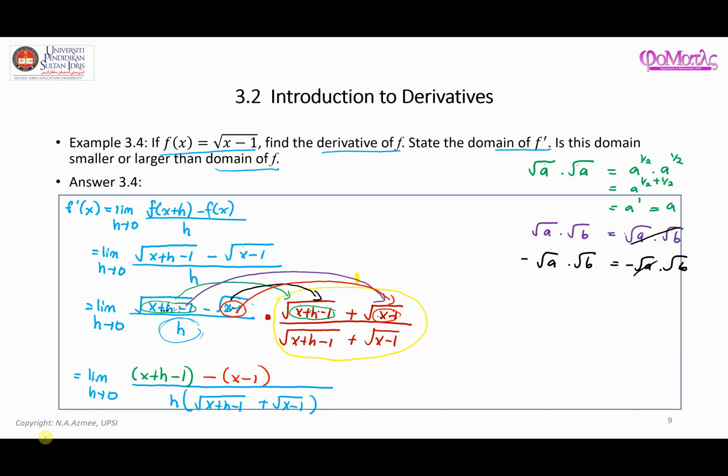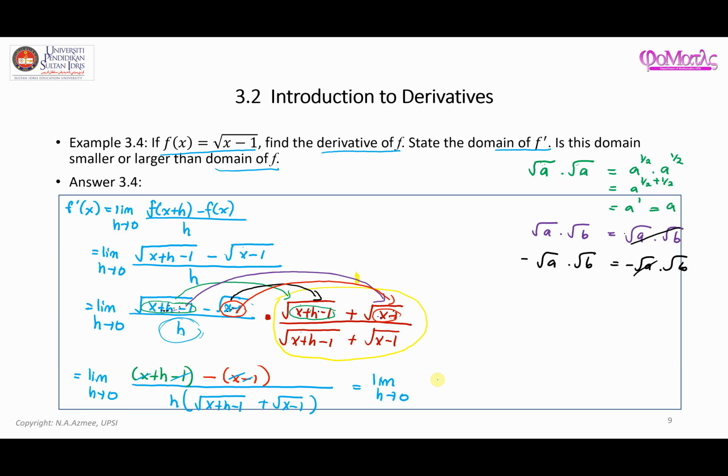Okay, so next let us simplify the whole process. So it becomes the limit as h approaches 0, and x and x here can be cancelled out. Positive x, negative x, negative 1, positive 1 can be cancelled out.